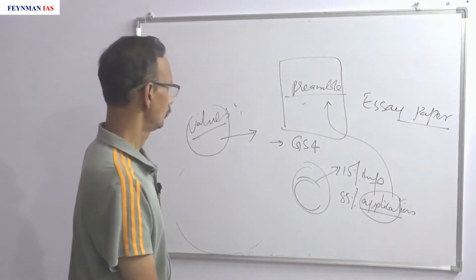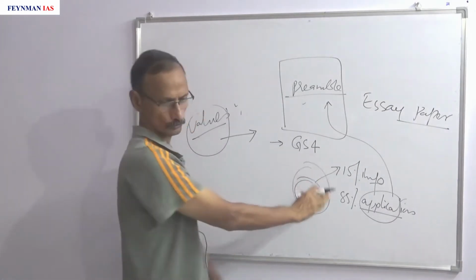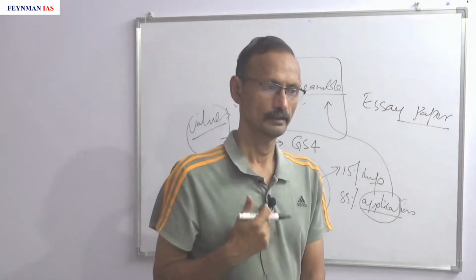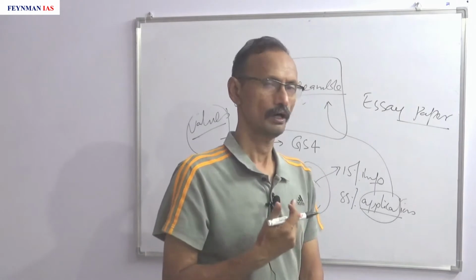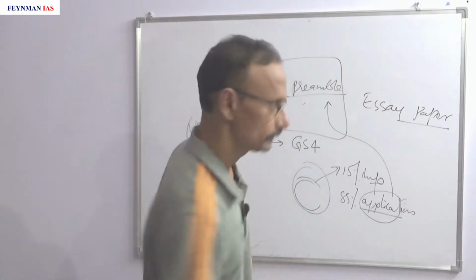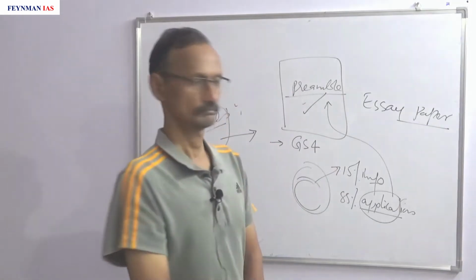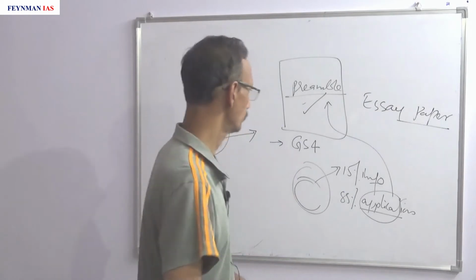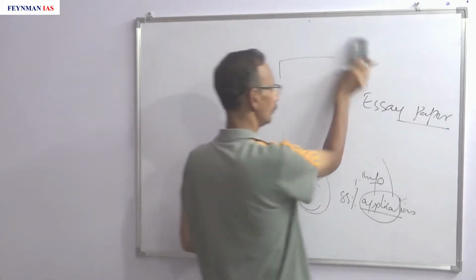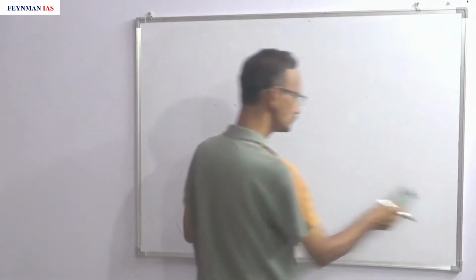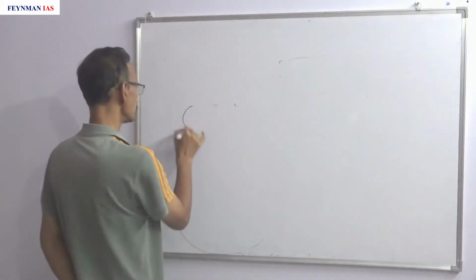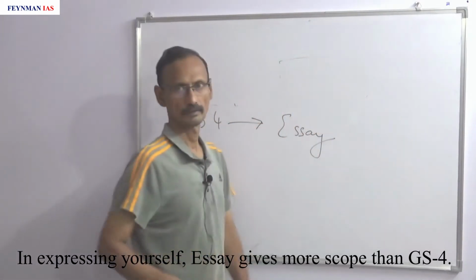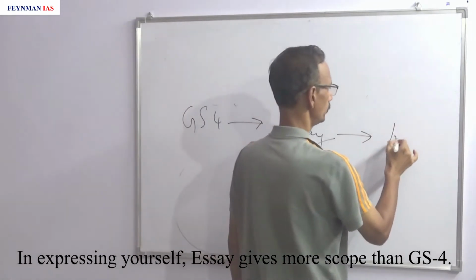It means from GS 1, 2, 3 to GS 4, you move towards your understanding and expression of certain values. And now, I would say a similar thing takes place from GS 4 to essay, and from essay to interview test.